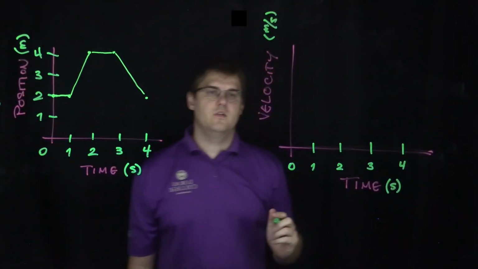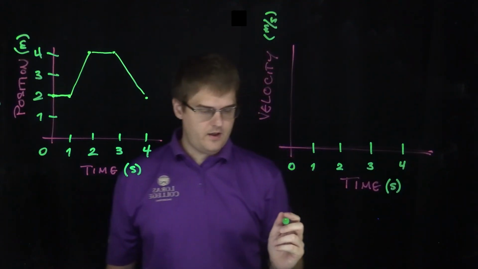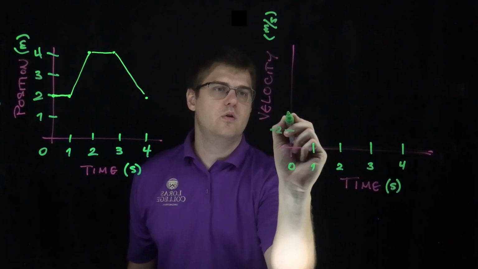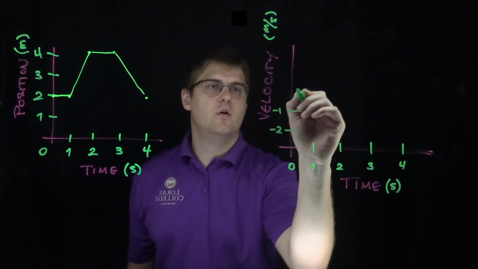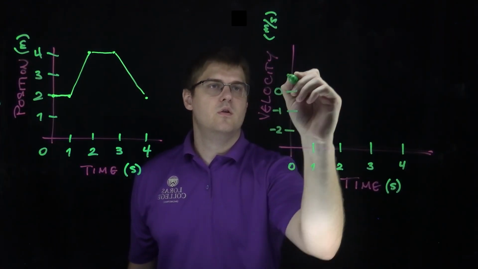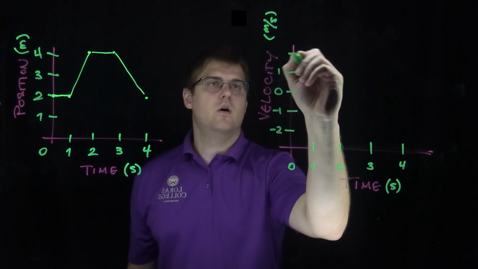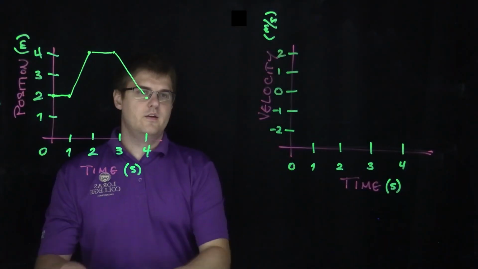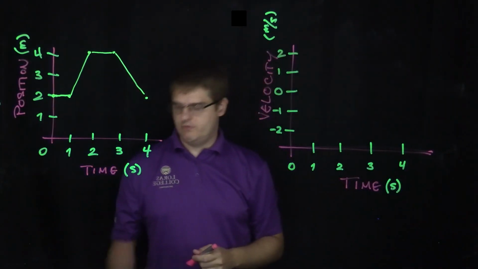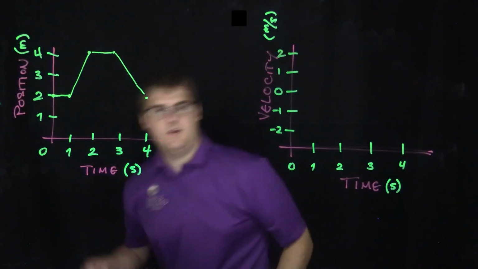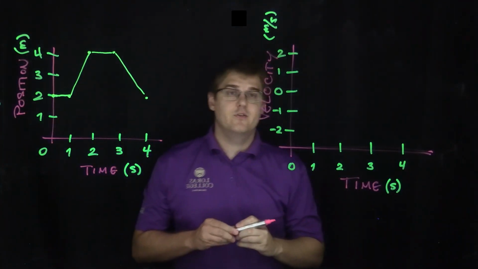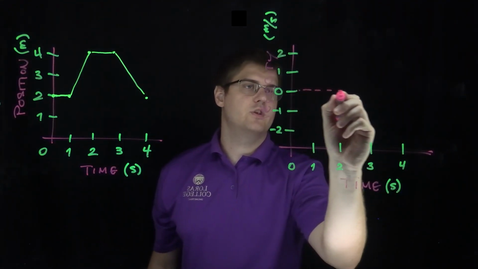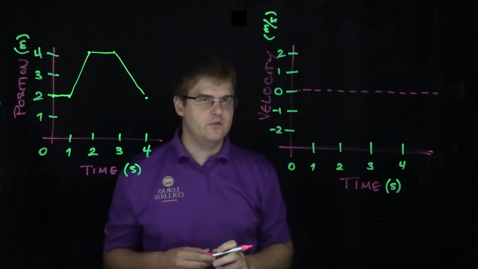Our velocity axis is going to need to go from -2 all the way up to 2, meaning this bottom line that I drew is not going to be down here. I actually have my x-axis right through there.